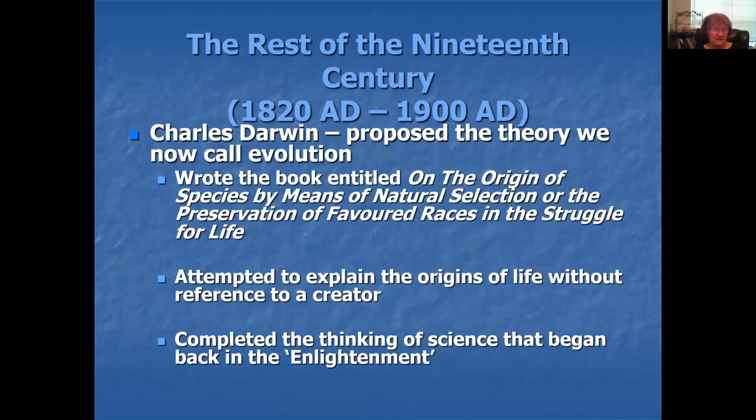Remember the Enlightenment? We just said the Enlightenment was when people started to say we don't need to confirm scripture. We need to look just at science, right? Well, this book kind of put a stamp on that and said, okay, we don't need to look at God when we do science. This began back in the Enlightenment, right? We don't need God. Darwin kind of confirmed that we don't need God.